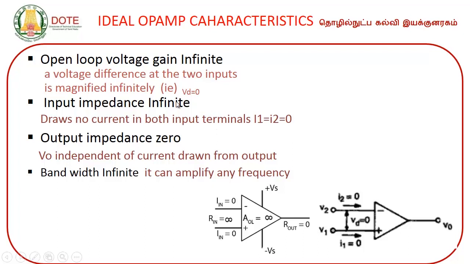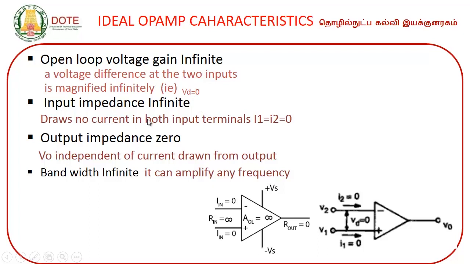That means this says indirectly the Vd is 0. That means the potential difference between these two terminals is 0. What does it mean? This point we will discuss later.